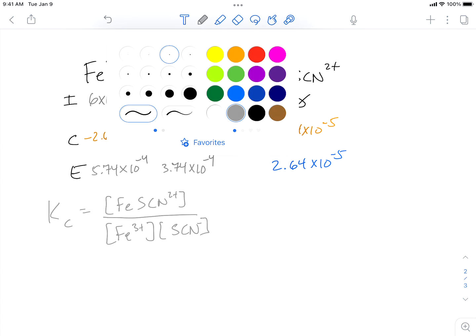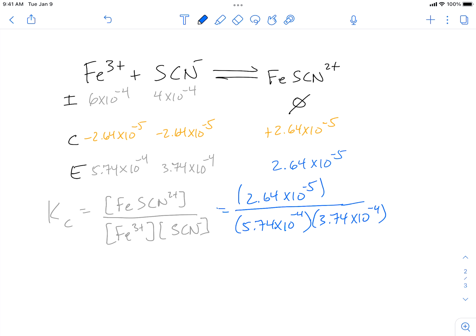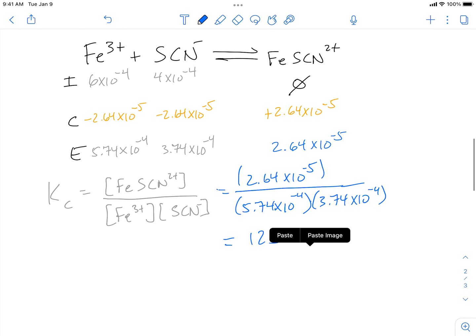Now we plug in our values at equilibrium, which we just found: 2.64 times 10 to the minus 5 over 5.74 times 10 to the minus 4 times 3.74 times 10 to the minus 4. When we do our math here, we should come up with roughly 123 for our Kc or Keq.